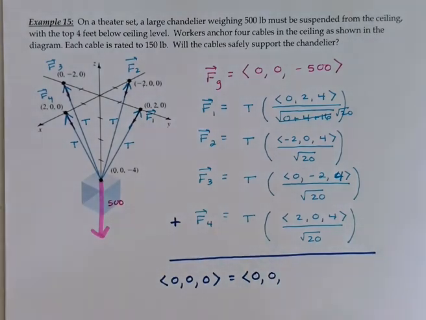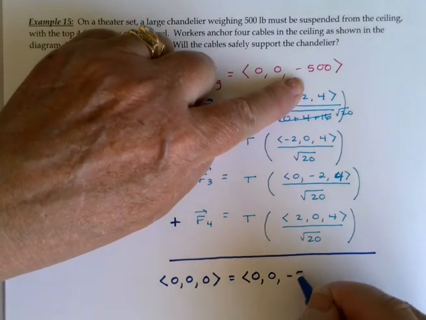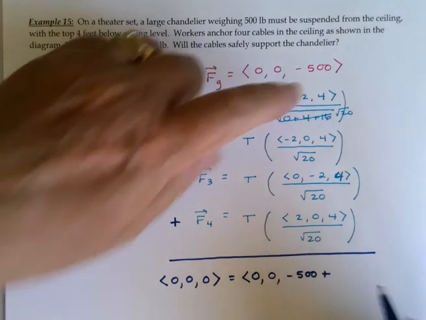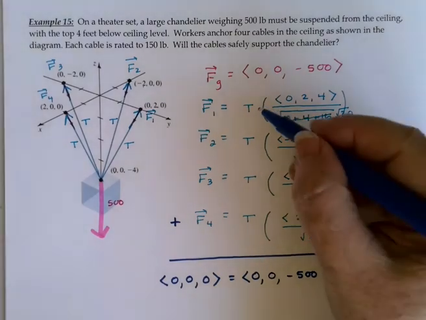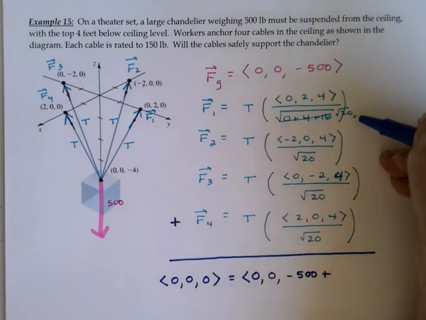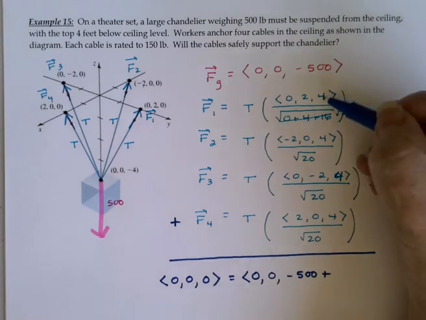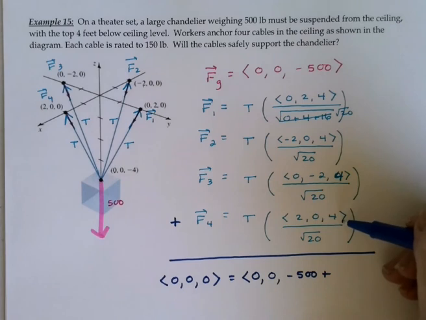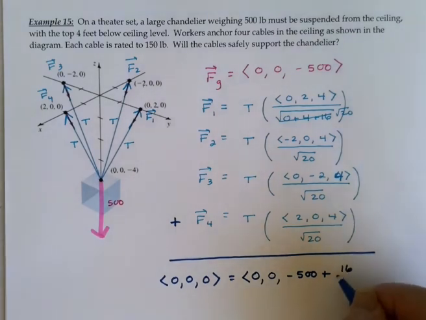The interesting part is going to be what happens in the z component. I have a negative 500, and then all of these are multiplied by t, and they're all 4 over the square root of 20. So I'd have 4, 8, 12, 16 over the square root of 20 times t.